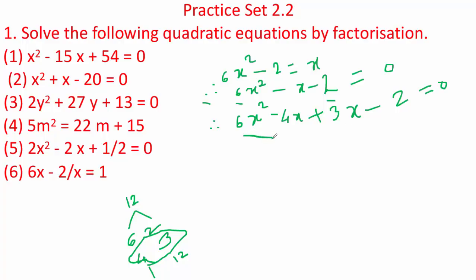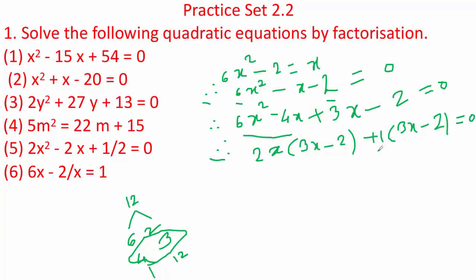From these two terms, I shall take 2x common. If I take 2x common, it remains 3x minus 2. And from remaining terms, I shall take 1 common. There remains 3x minus 2 equal to 0.